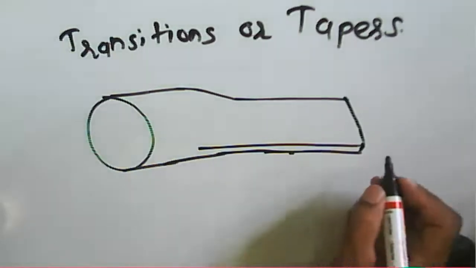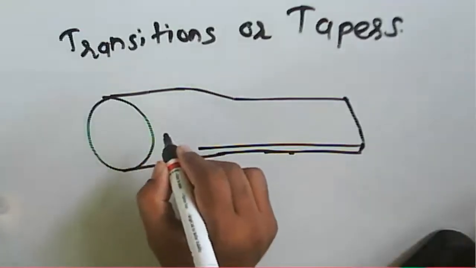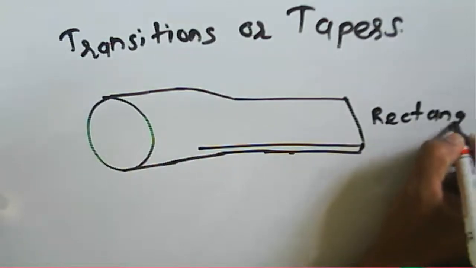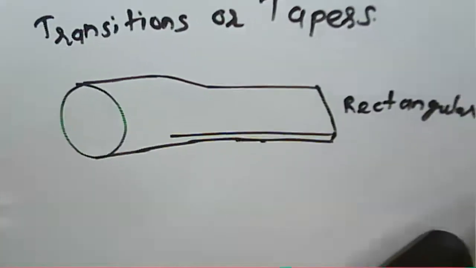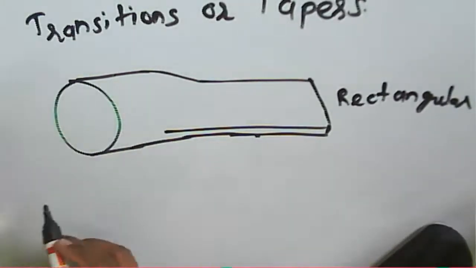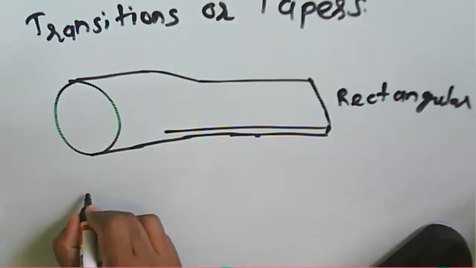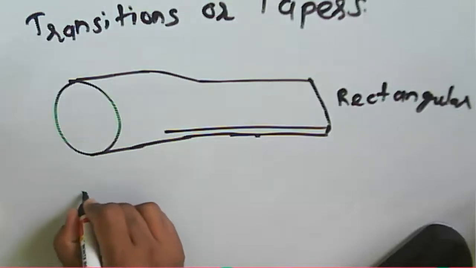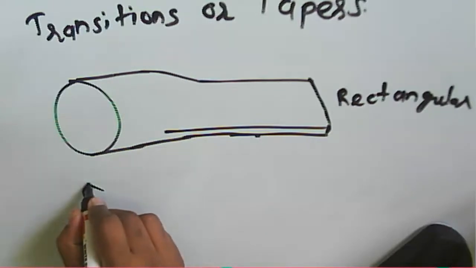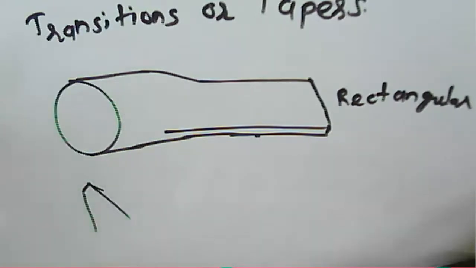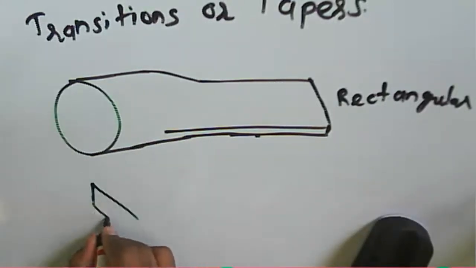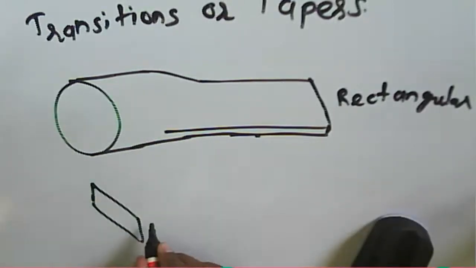Likewise, this one is a circular cross section and we have a rectangular one. From the circular to the rectangular or from the rectangular to the circular, we can use a taper here.